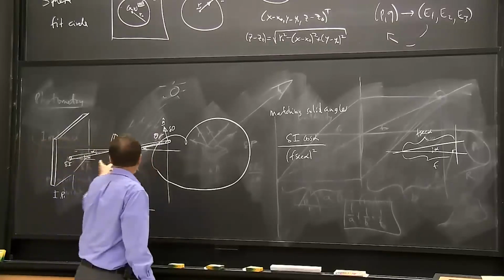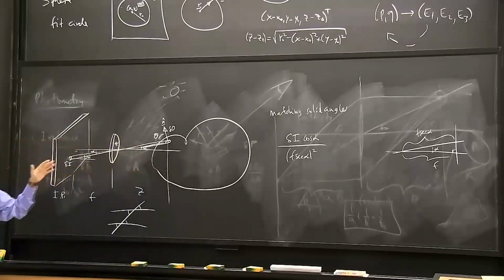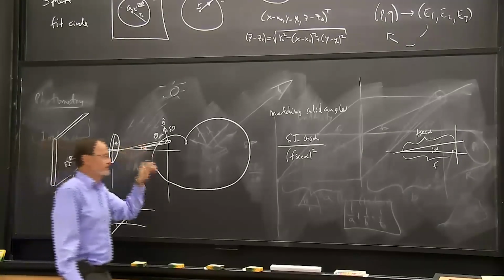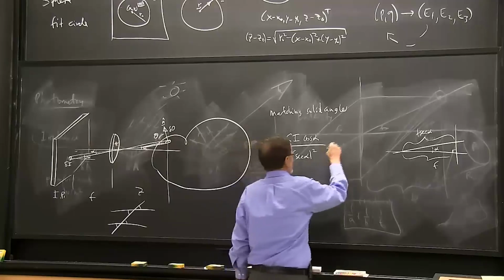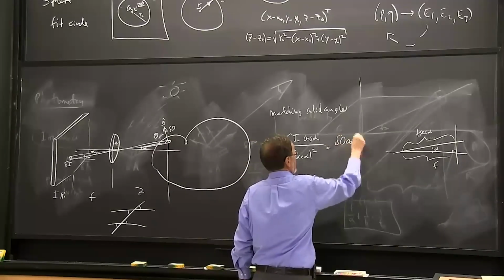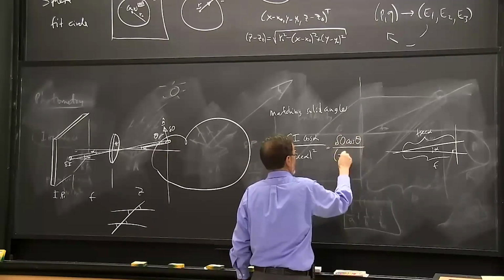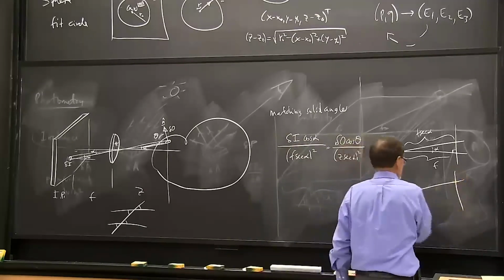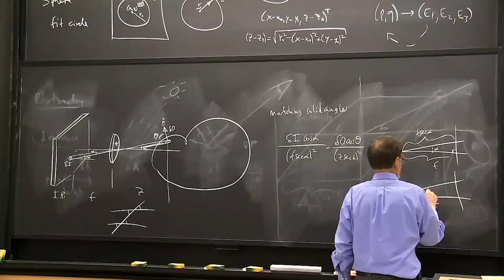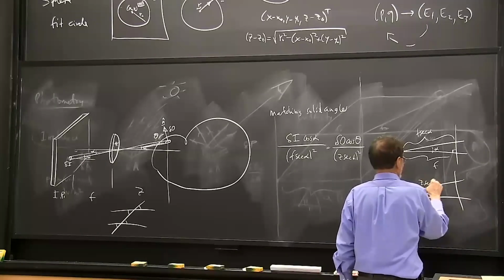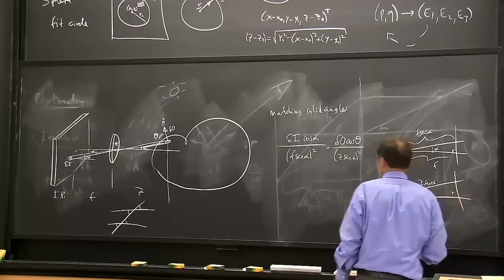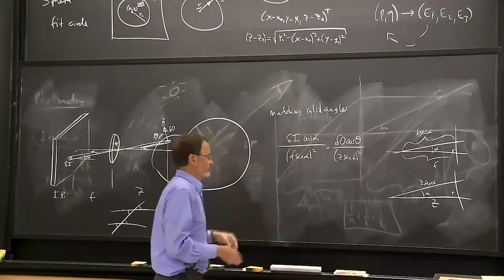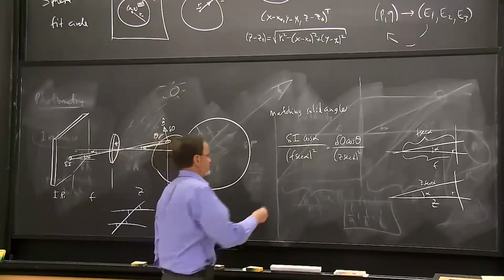Okay, and now, since we said that the central rays are undeflected, this cone of directions is the same as that cone of directions. I can just equate that, and it's the same thing on the other side. Fortunately those secants cancel out.